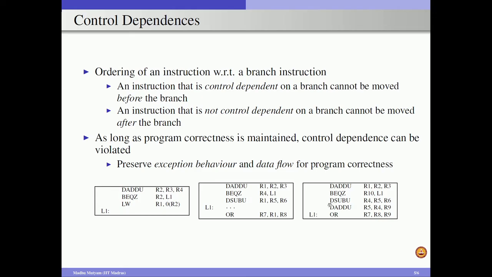When we move the subtract operation before the branch instruction, the branch is using R10, but the subtract operation is not dependent on the branch outcome, because whatever value is produced by the subtract operation is not used anywhere in the program. So, when we execute the subtract operation before the branch condition is known, it is not going to create any issue with the program correctness.